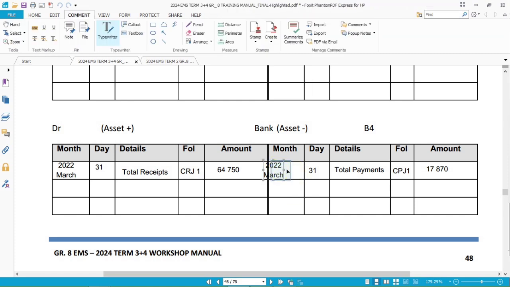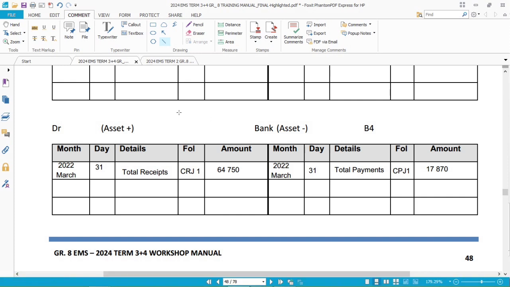Alright, so what I'm going to do now is determine which side is my longer side. My bigger amount is on my debit side. The reason I'm looking at this is because I actually want to draw lines here.